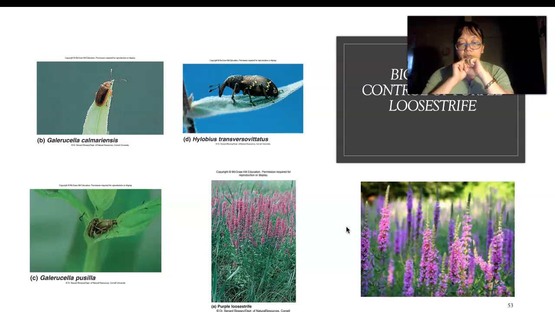So that takes years of research and study, but that is very smart, because this beautiful purple flower is an invasive plant and wipes out other plant species. And so manipulation of the beetles effectively has it under control.